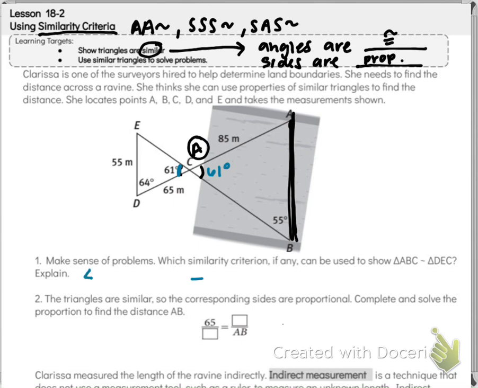The name for this one is ECD, so I know ECD is congruent to this other angle on the right, and the name for it would be ACB or BCA, whichever way you want to write it. So ACB.